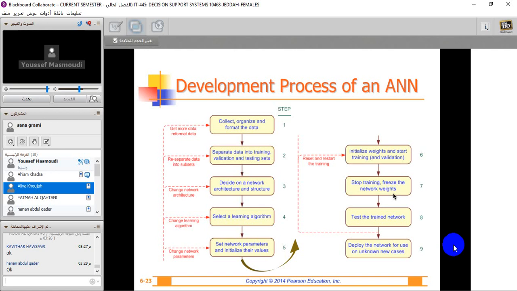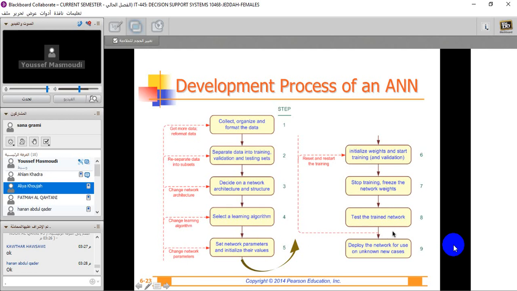Test the trained network, and then you may go back and correct the previous steps and restart the training. You may change the network parameters, change the learning algorithm, change the network architecture, separate the data into subsets differently, or get more data and reformat your data.